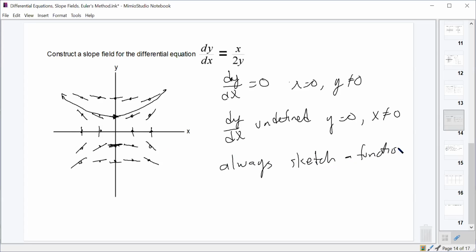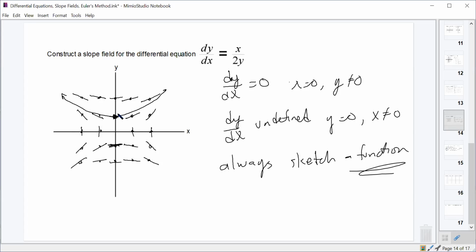Never sketch something that doesn't pass the vertical line test. That's because you're thinking about your intervals of validity. So you want the continuous portion of the function that includes your initial condition. So you sketch the continuous piece that makes it a function through the condition that was given. Our condition here was, let's say, the point 0, 1.